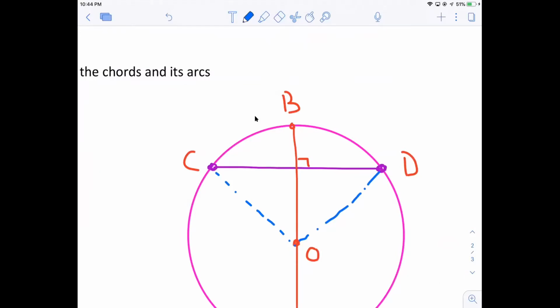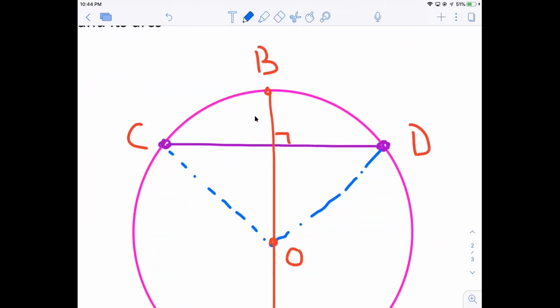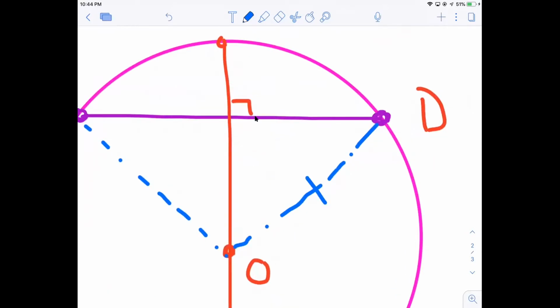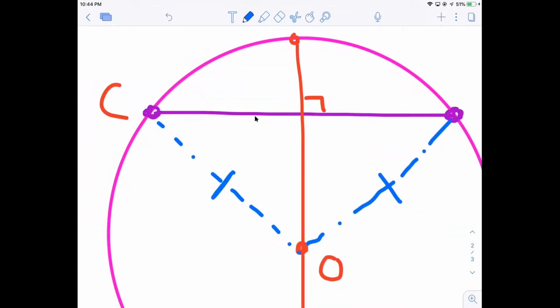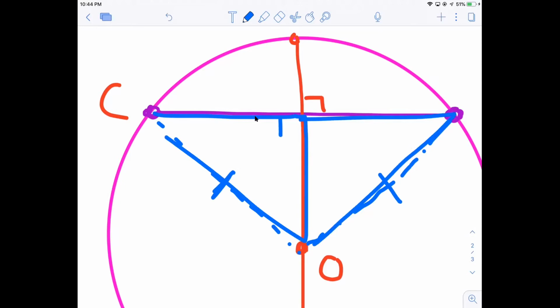If you construct these radii, what can we show? We can show this is congruent and that is congruent, right? And I think I can prove these two triangles congruent. So aha, these are all right angles, and I think that's going to be the reflexive property.